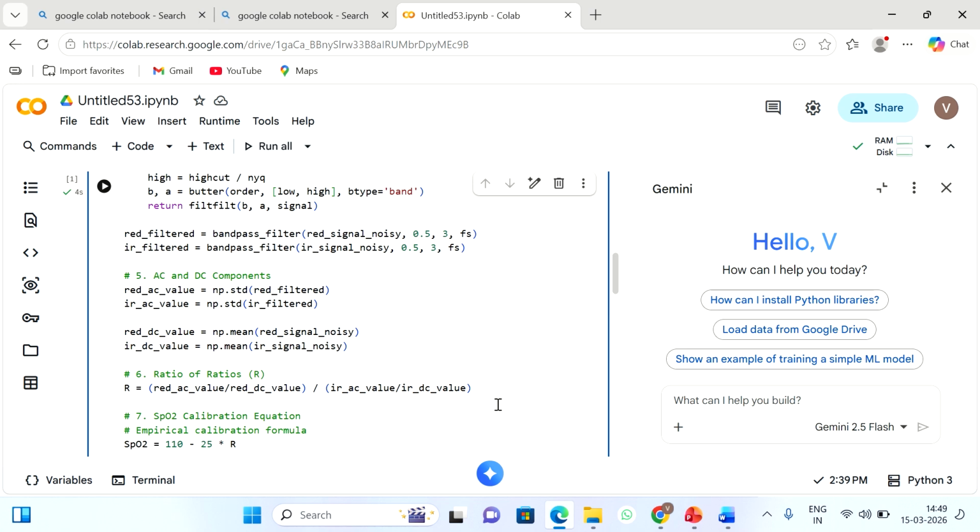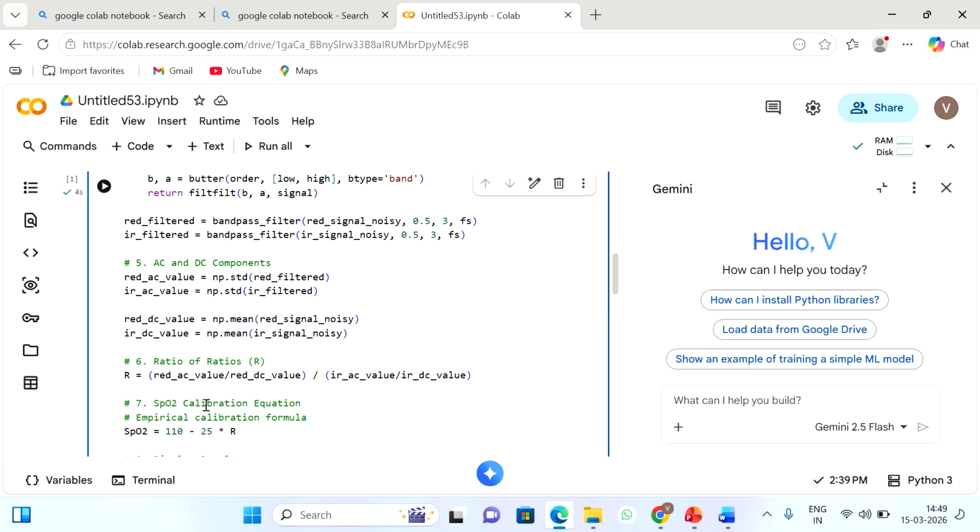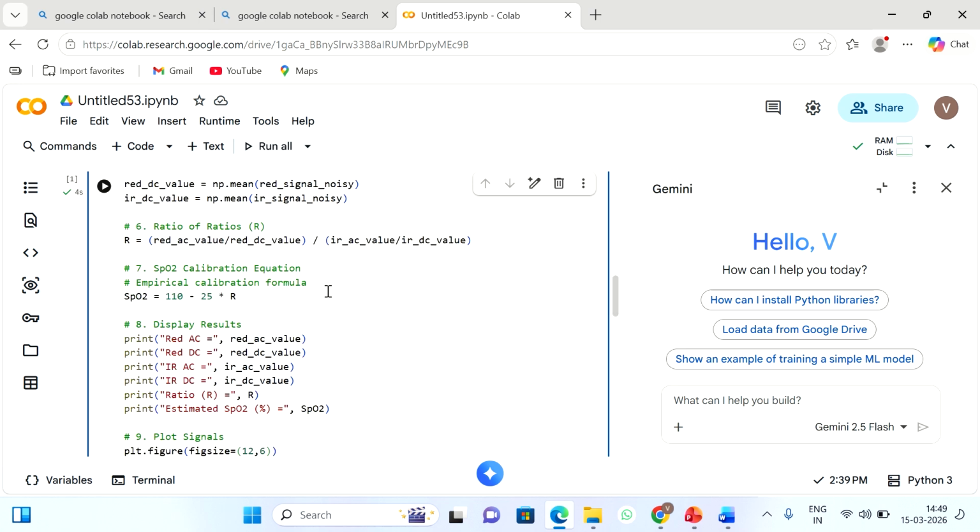Now the SpO2 calibration equation, that is an empirical calibration formula. SpO2 is equal to 110 minus 25 into R. This is an empirical calibration formula. Commercial pulse oximeters use experimentally derived calibration curves. So the typical output is around 95 to 100%.